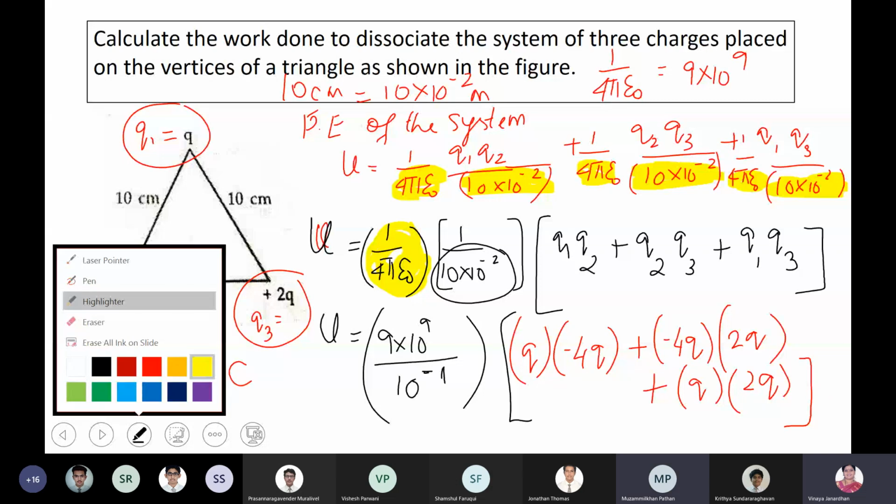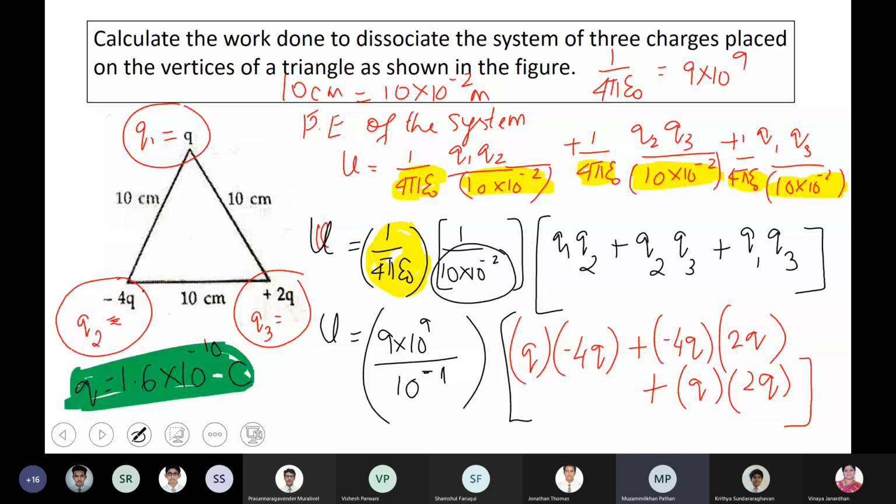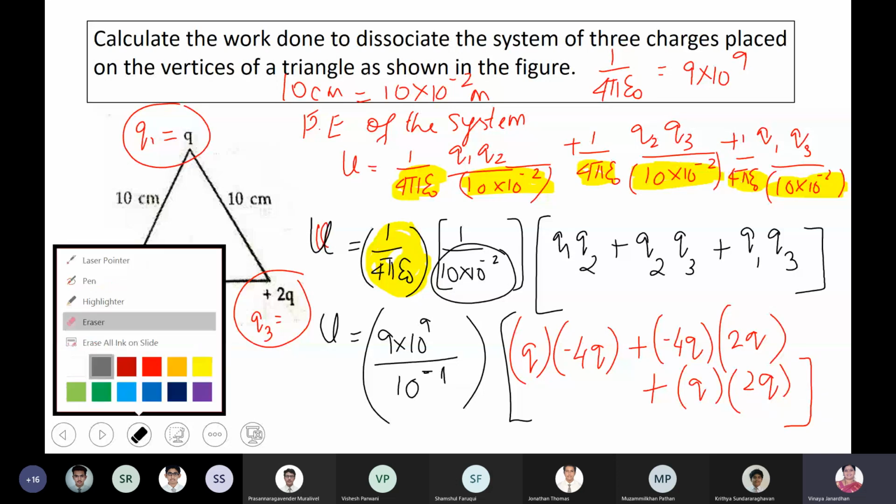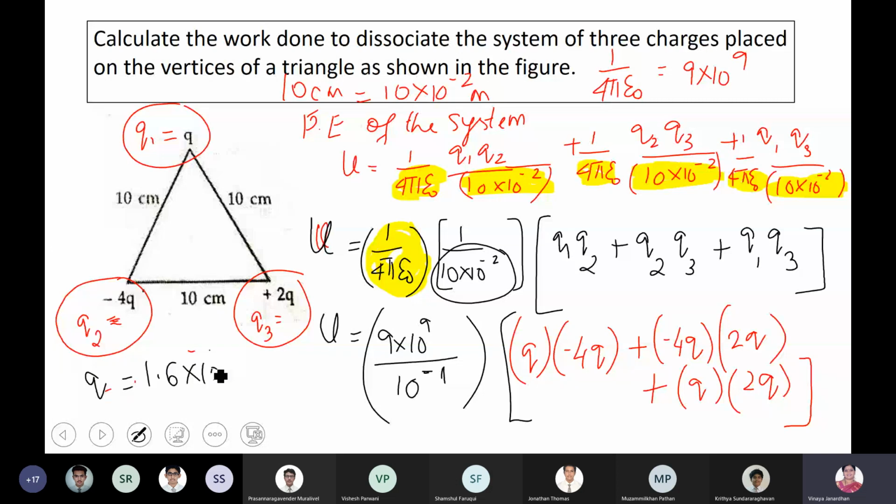Ma'am, is the final answer 9 into 10 raised to 11 into minus Q square? No, the step was 9 into... You substitute the value of Q also. It's given, I think you are not able to check that. Fine, I will give you the value. Q is 1.6 into 10 to the power minus 10 coulomb.